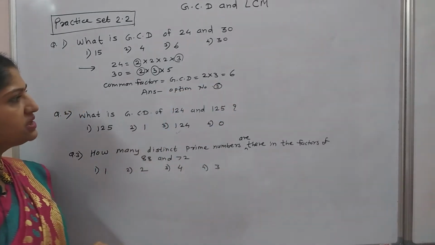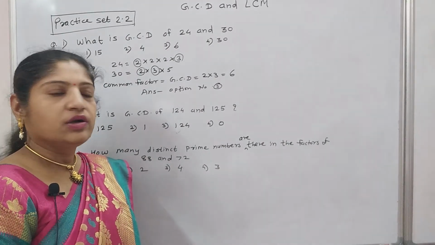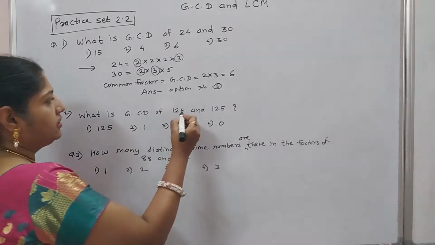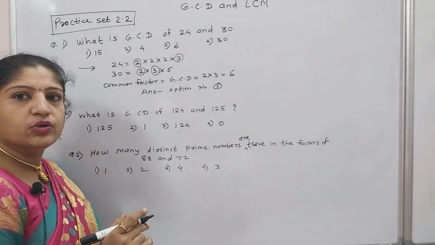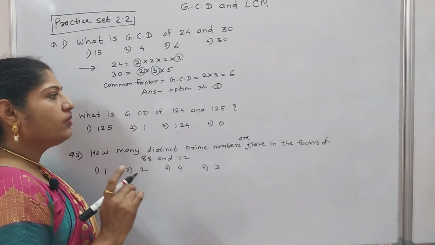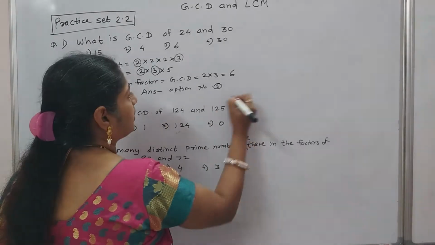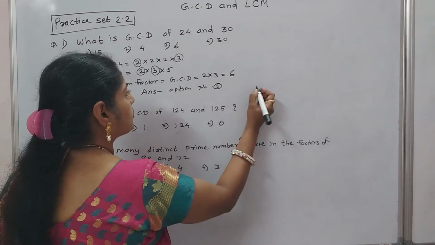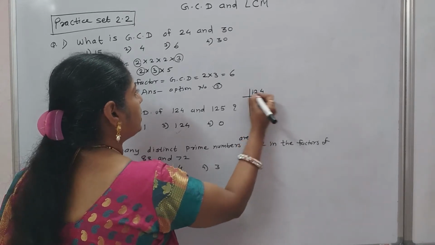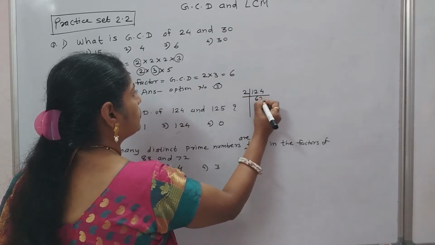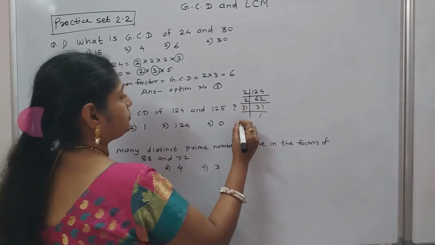Now what is the GCD of 124 and 125? You all know that the GCD of any two consecutive numbers is always 1. Only one number is common in their factors, that is 1.